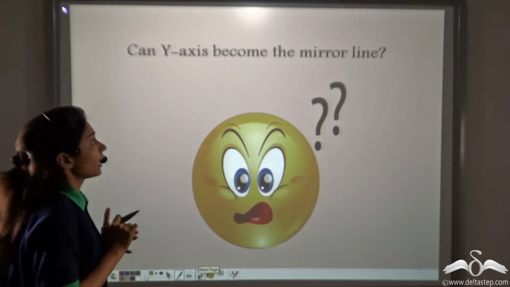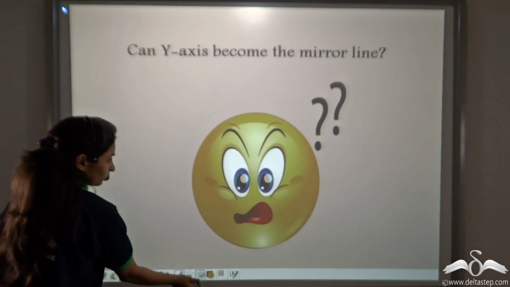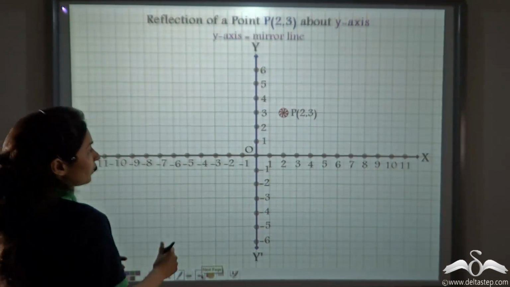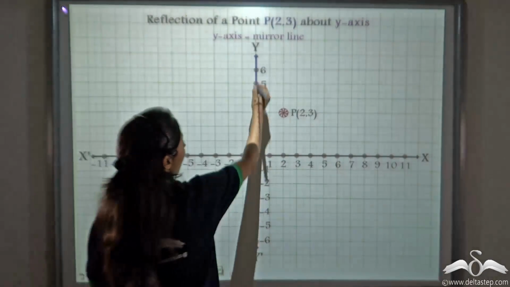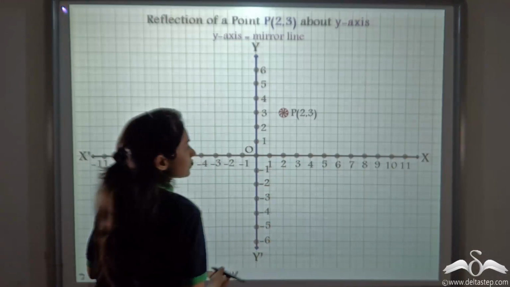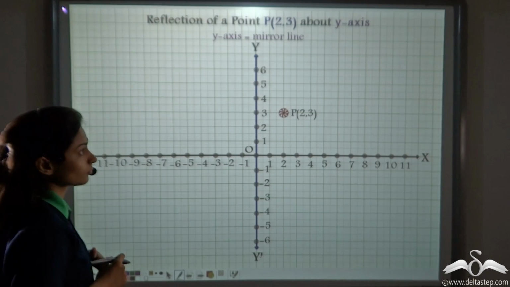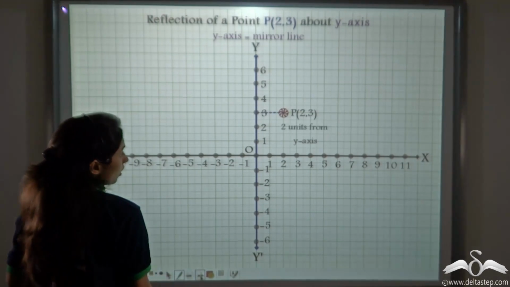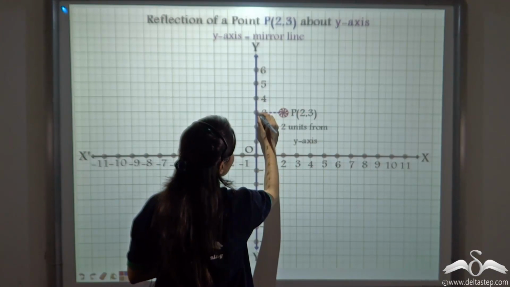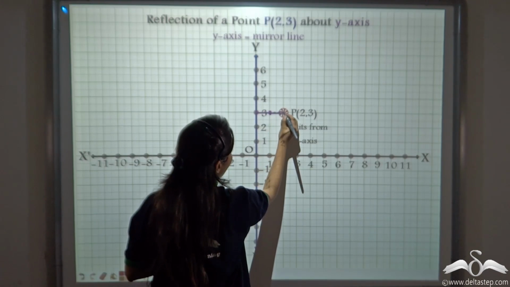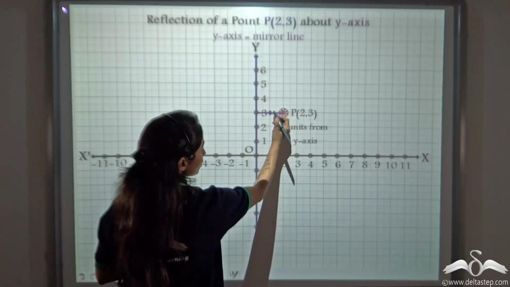Now you would be thinking, can the y-axis act as a mirror line? Well, yes. Let's see how. Here we have placed the candy where it was, that is at the point (2, 3), and we have considered the y-axis as the mirror line. Now where will we get the image? Well, you can see that the point P is 2 units from the y-axis.